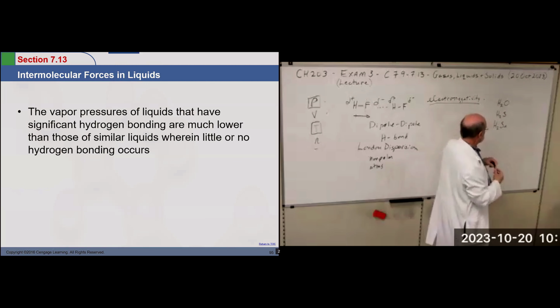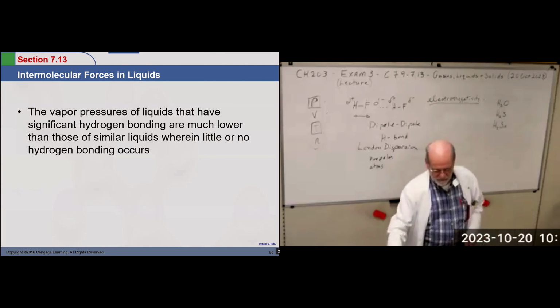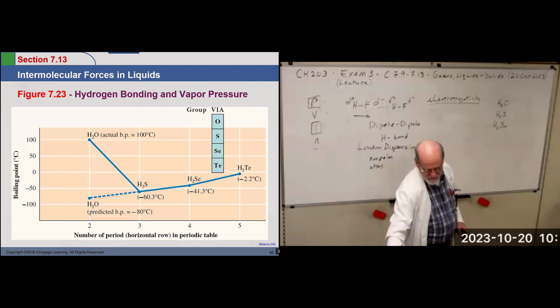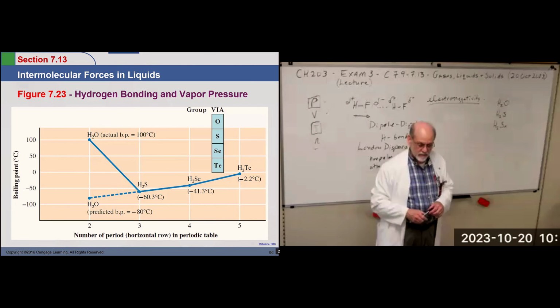Well, the vapor pressure of these two is relatively high compared to water because these two don't exhibit hydrogen bonding. They're slightly polar, but they're not as polar as this one. And that's what this particular diagram shows.